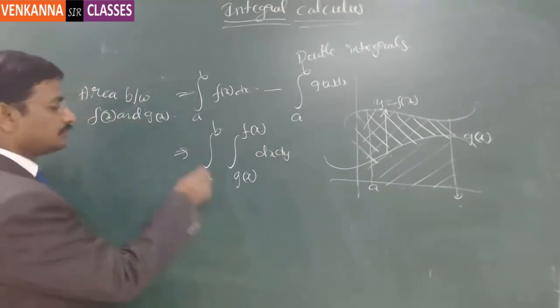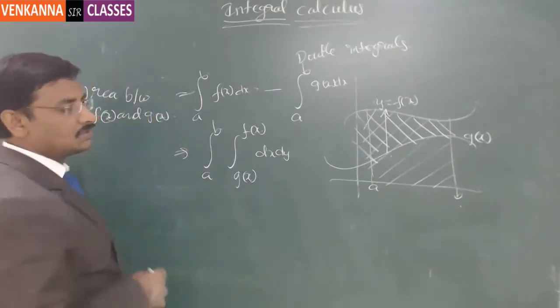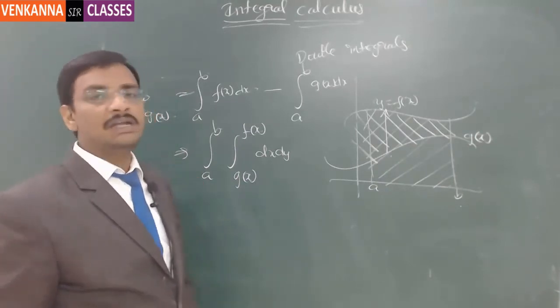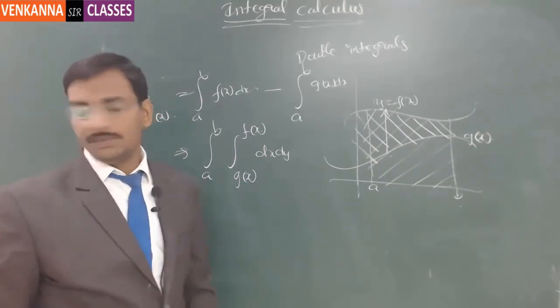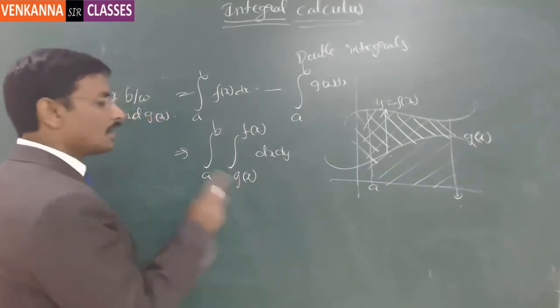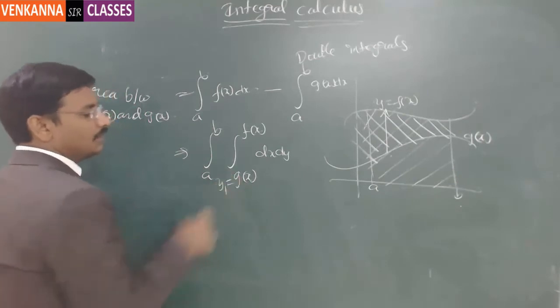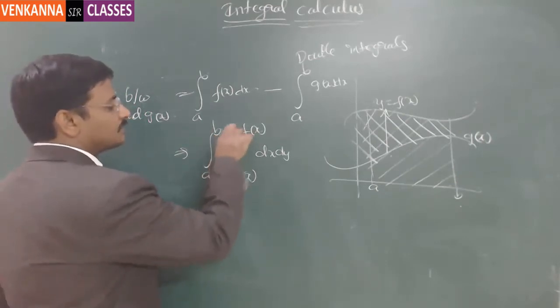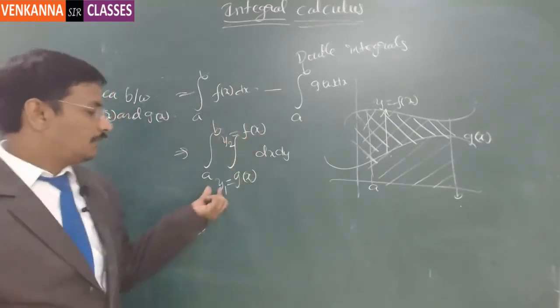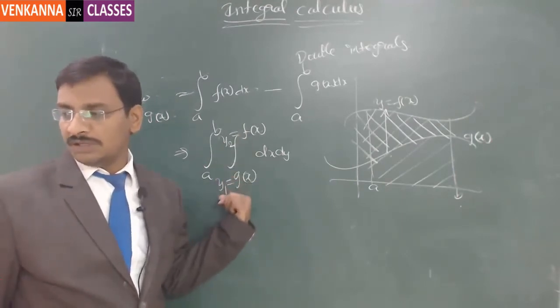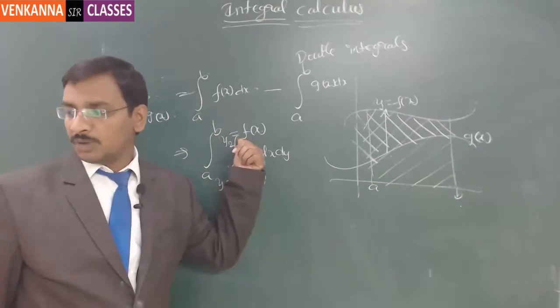Now here, the complexity involved in double integrals or triple integrals is identifying the limits. In identifying the limits, the order of integration matters. g of x can be expressed as y1 equal to, and f of x is expressed as y2 equal to. If it is y here, it will be the y limit only here also.